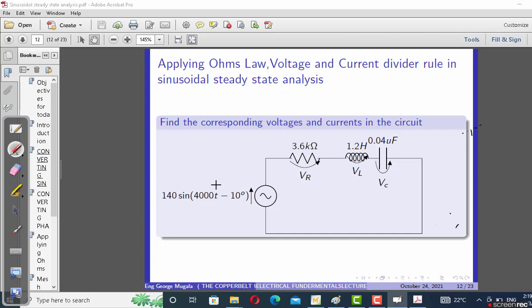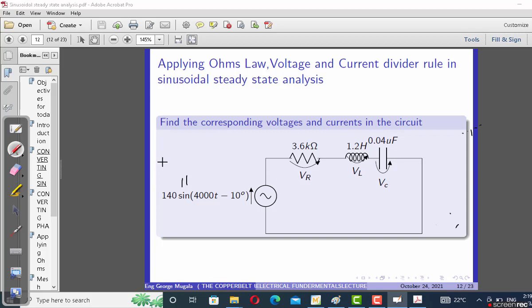This question, first of all, we convert it into its complex form. If we choose to work with VRMS values, for example, this voltage, we have to convert this voltage into its polar format.